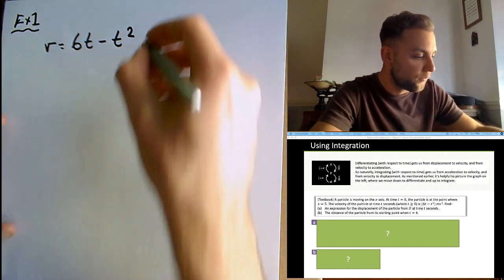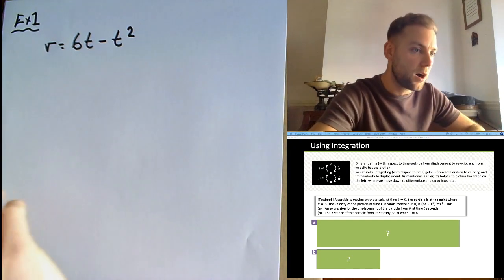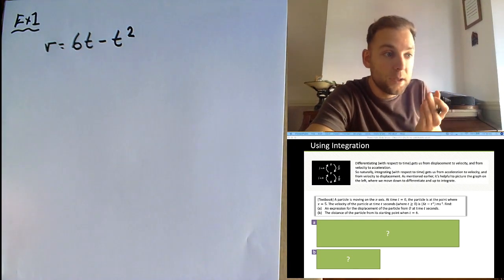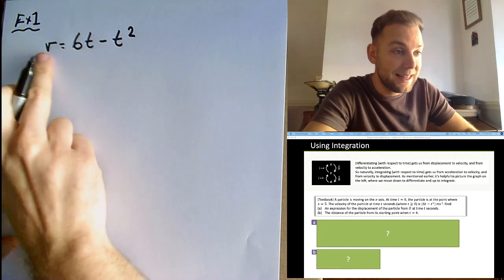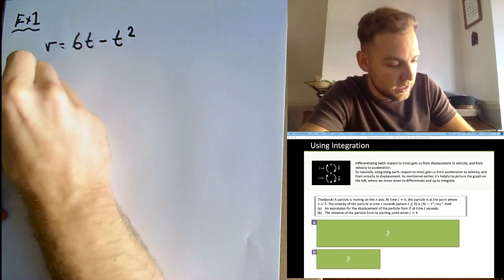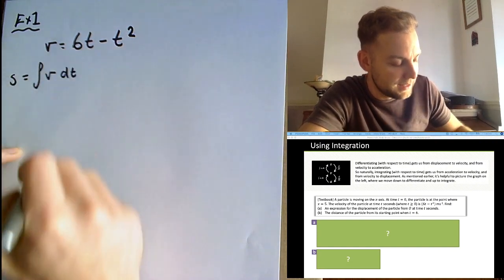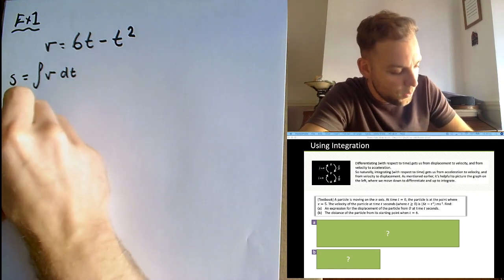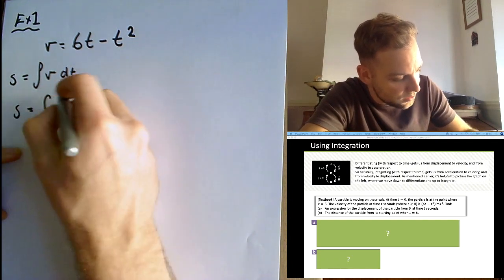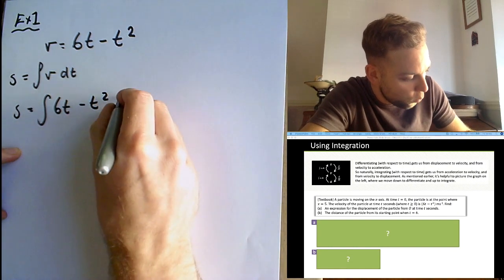So if I'm going from velocity to displacement, I know that I'm going to be integrating v. So displacement is equal to the integral of v with respect to t. So s is equal to the integral of 6t minus t squared with respect to t.